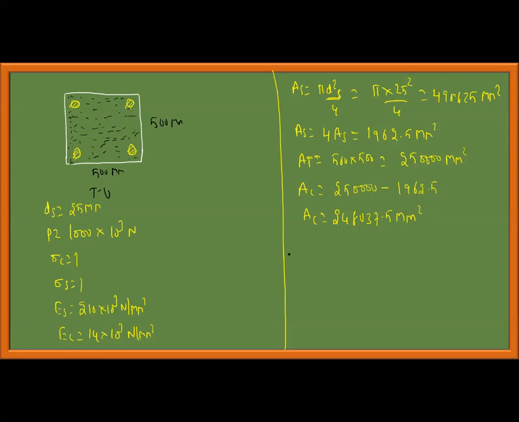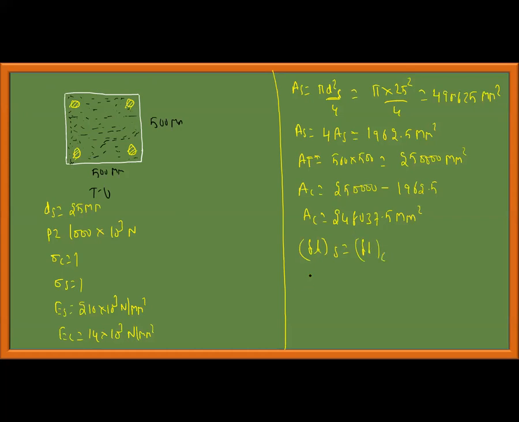If a roof comes on this pillar, the deformation in concrete and the deformation in steel should be the same. I can write delta L of steel should be the same as delta L of concrete.